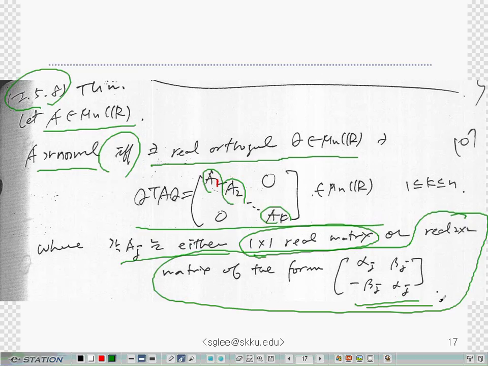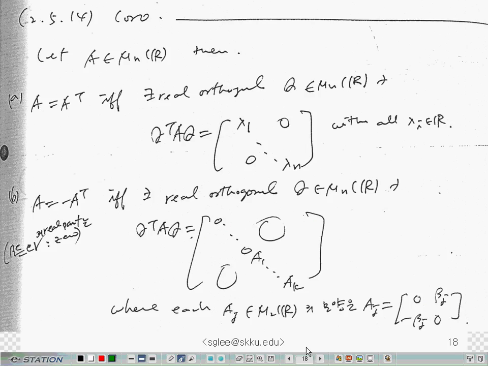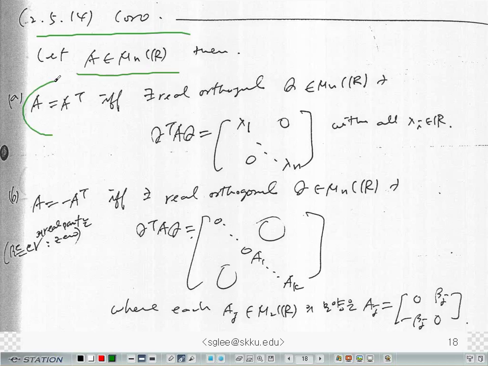This is what I told you before. Next, another corollary. These all follow from what we have learned. If A is a real matrix and A is equal to A transpose, then there exists a real orthogonal matrix Q such that Q transpose A Q is like this, and all these lambda i's are real. This is what we taught.